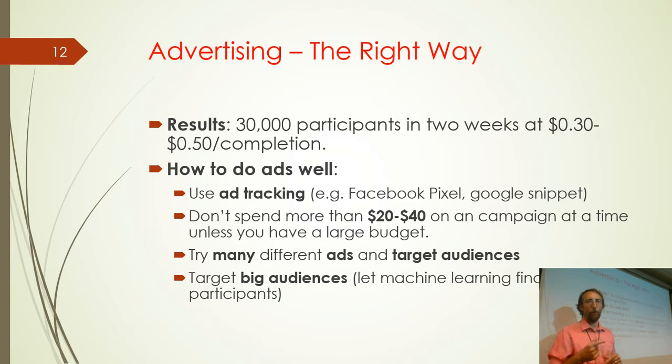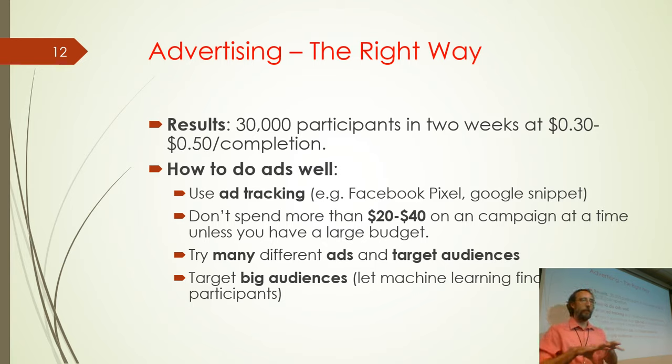And lastly, you want to target big audiences. Now, you don't want to be too big. You don't want to say like the whole world. So you want to say 35-year-olds with a social science degree, maybe, or someone who's over 55 who resides in Boston, if you want to recruit somebody who's local. You want to point it in the right direction with good specificity over what you're trying to recruit for.